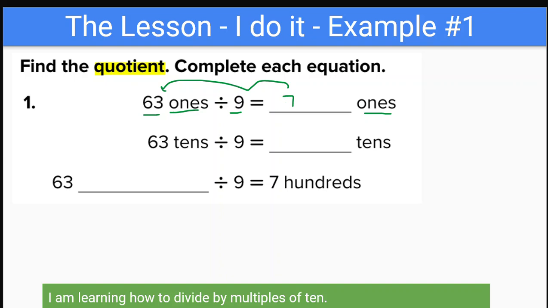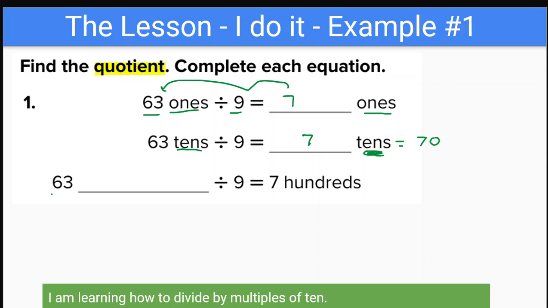Now we can come down here to the next one right here. And they just changed the word. Instead of ones, they're using the word tens, okay? 63 tens divided by 9 equals 7 tens. Now 7 tens looks like this. It's a 7. And whenever we say the word tens, we're talking about 1 0. So that's 70, all right?